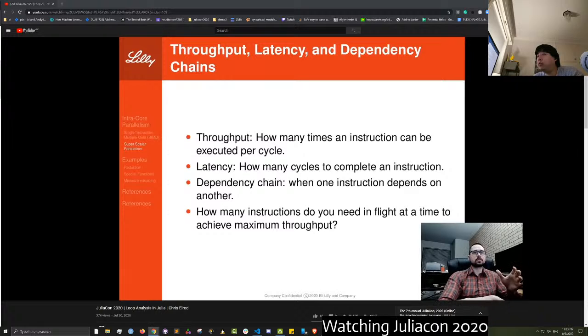We also have parallelism from there being multiple instructions. The key takeaway here is that sometimes there are dependency chains, such as if you're trying to calculate A plus B plus C, you would need to wait for A plus B to have finished computing before you can start calculating that sum plus C.